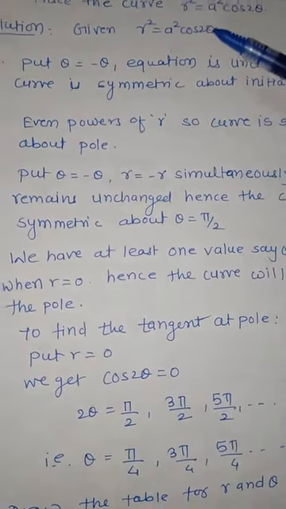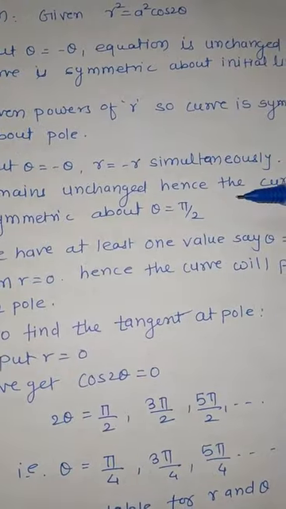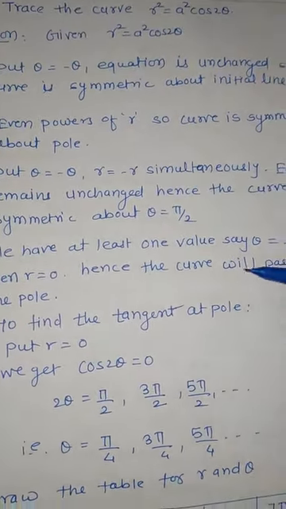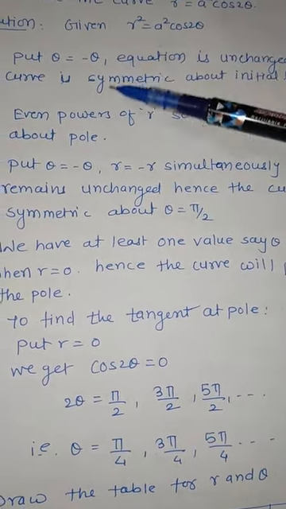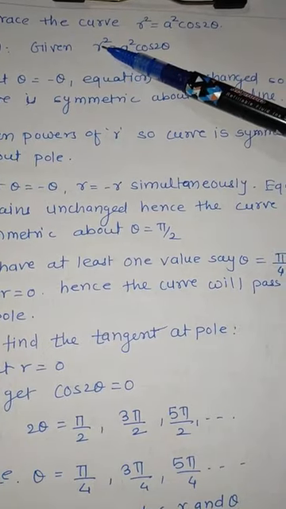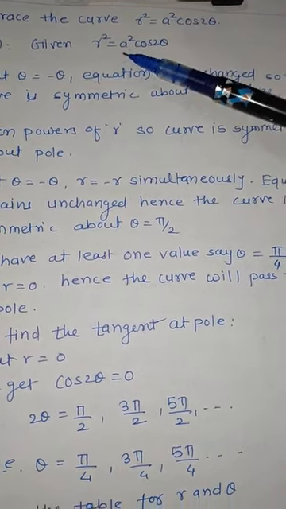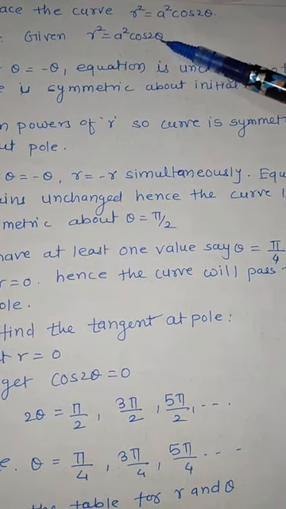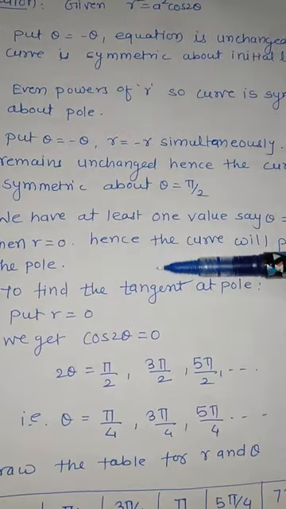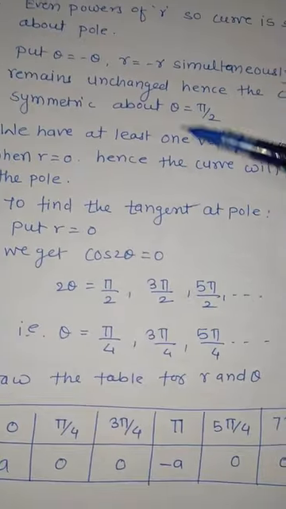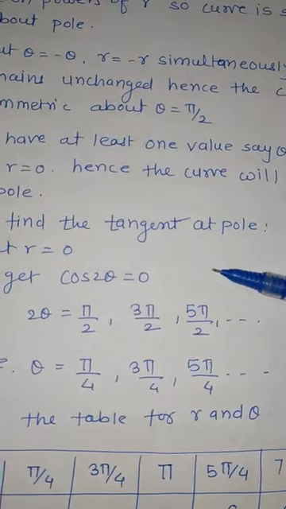Now we have to check for the tangent at the pole. What was the condition? To find the tangent at the pole, we substitute r equals 0. So if you write r equals 0, r square becomes 0, so a square cos of 2 theta becomes 0. Therefore cos of 2 theta is equal to 0. For which values of theta does cos give 0?